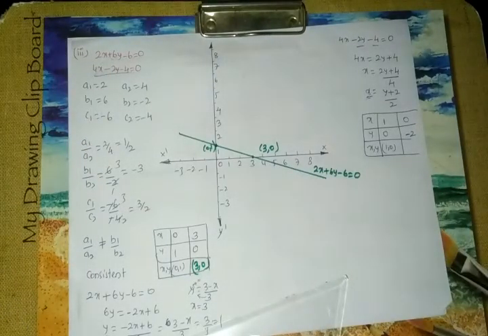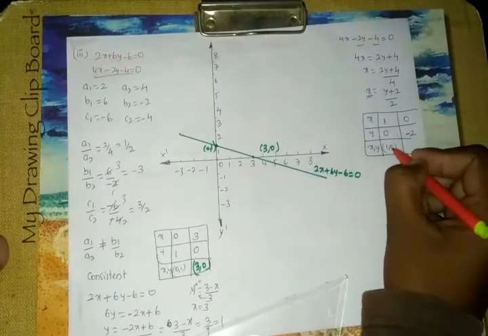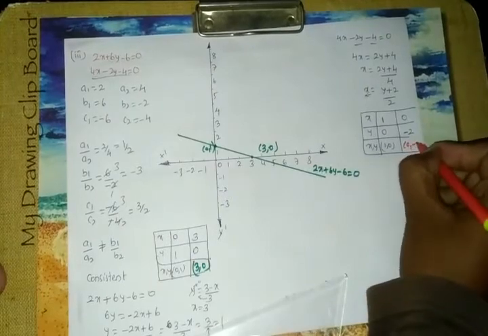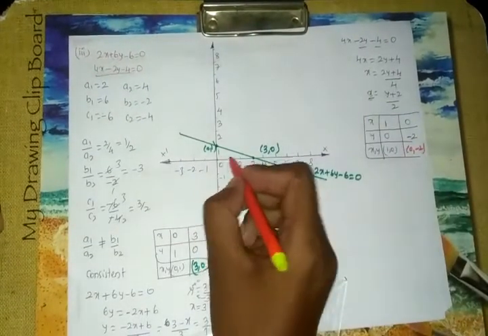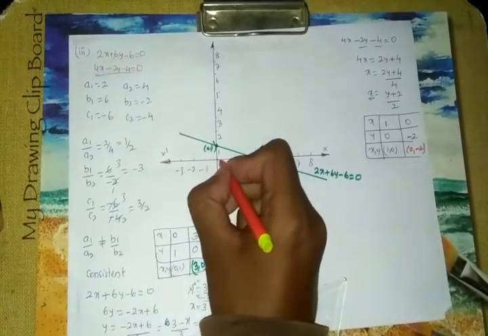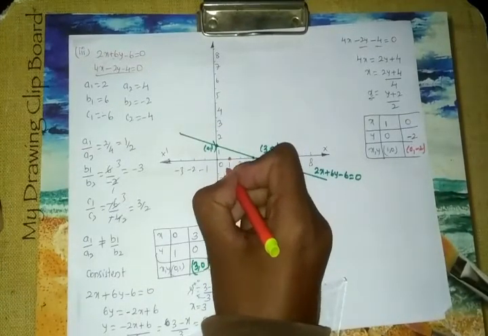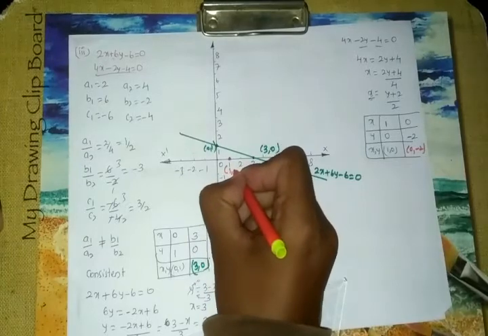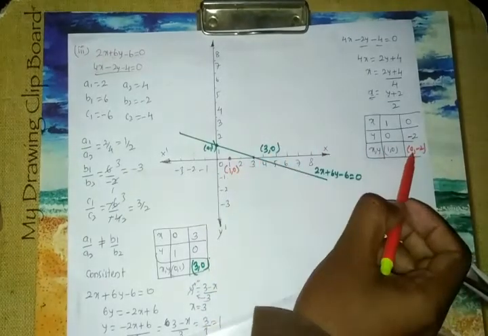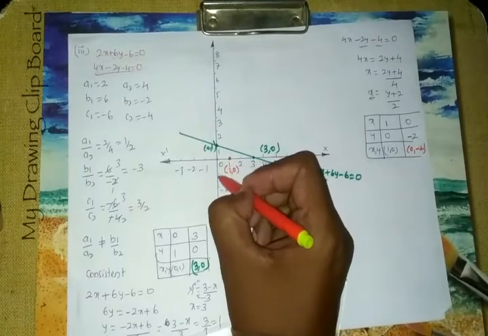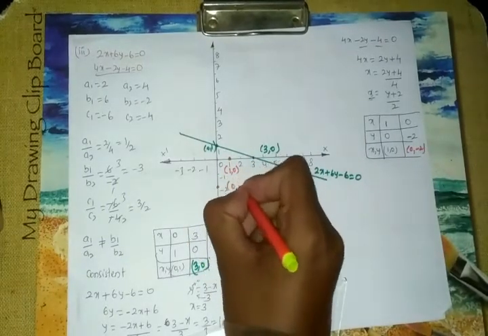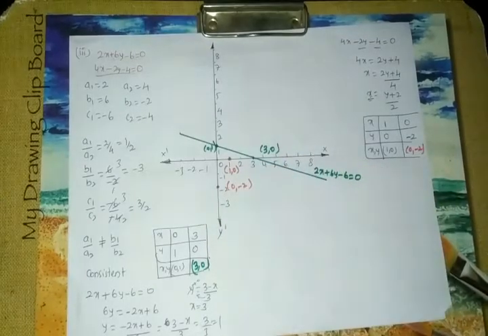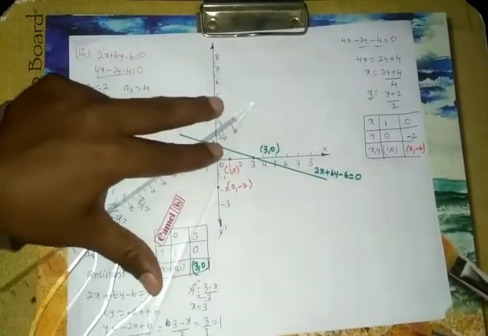Now representing the second equation, we have 1 comma 0 and 0 comma minus 2. When x is 1, y is 0, so this is 1 comma 0. And when x is 0, y is minus 2, so this is 0 comma minus 2. Let me join these 2 points.